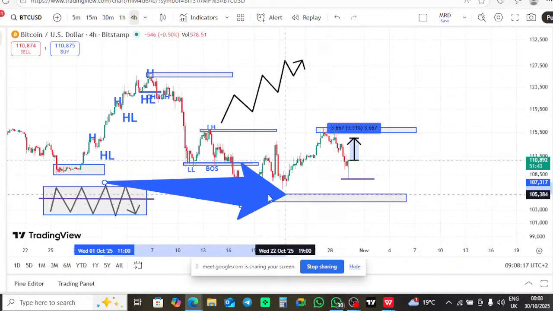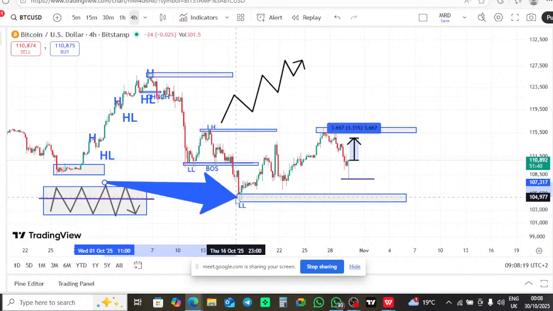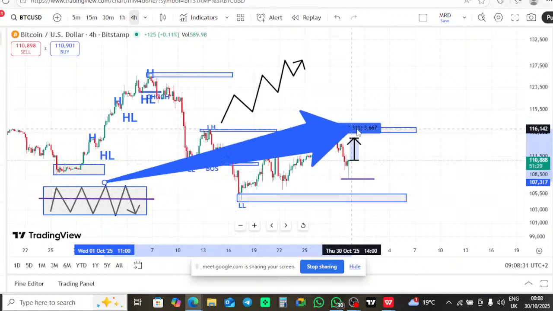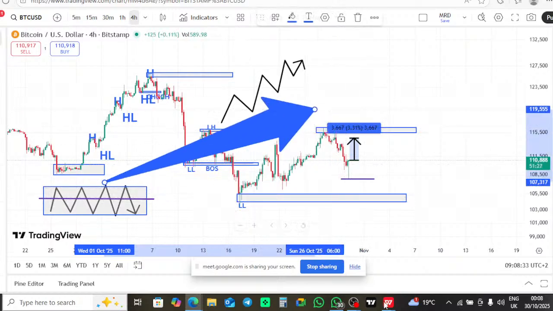And now, I told you, this is the last support. If we fail to break it, then automatically we are going to break this resistance level. Okay?